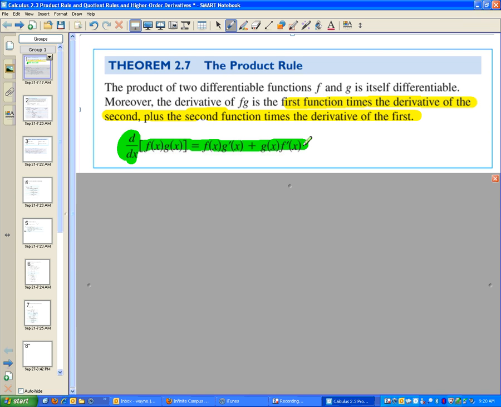So the first function times the derivative of the second plus the second function times the derivative of the first, that's the product rule. If you are going to try to memorize it in symbols, I'd leave out the x's. I would write it like f times g prime plus g times f prime. I think that makes it a little easier to memorize without all the x's.